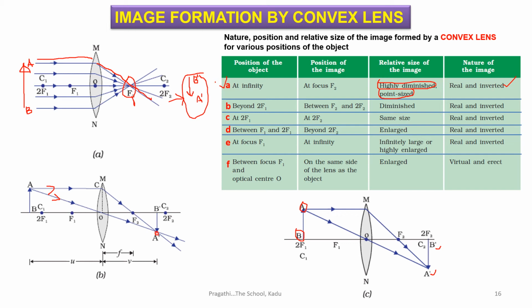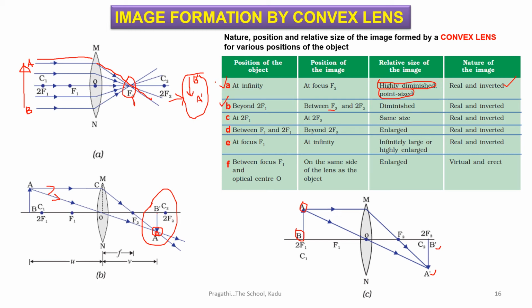Wherever the point cuts, the head of the arrow should come on this side, and the plane end should touch the principal axis. And this is the image, A dash B dash. You can see this is how the image is formed.